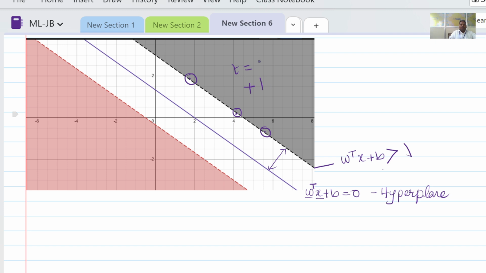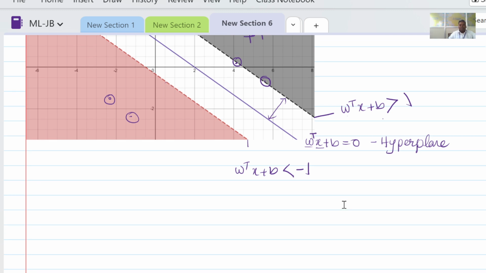When you substitute any point in this equation of wx plus b, it should be greater than 1. And for all the points on this other side, W transpose into x plus b is less than minus 1. It will be equal to 0 here, equal to 1 here, and less than minus 1 on the other side. So these are the three equations of the lines.